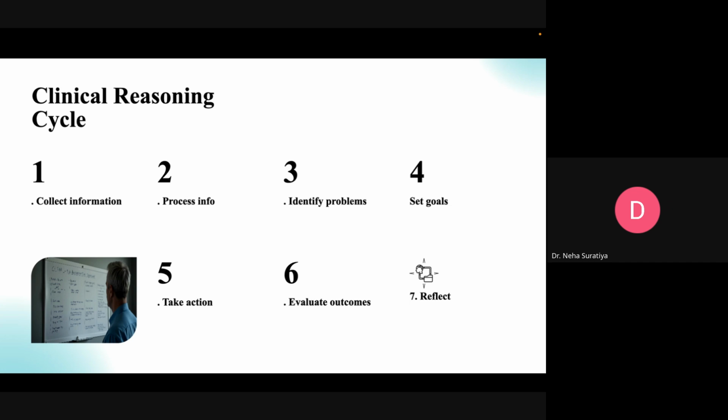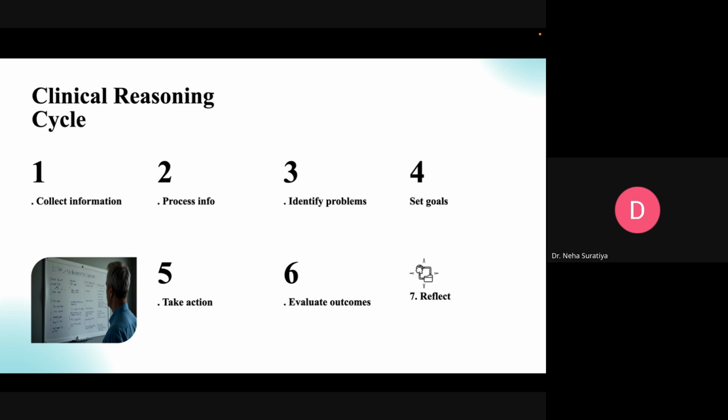You need to be aware of the outcome of the steps you have taken, whether it is working or not. And then reflect. Reflect is a very simple step. So from collecting to evaluating outcomes and reflecting, the whole clinical reasoning cycle is completed.